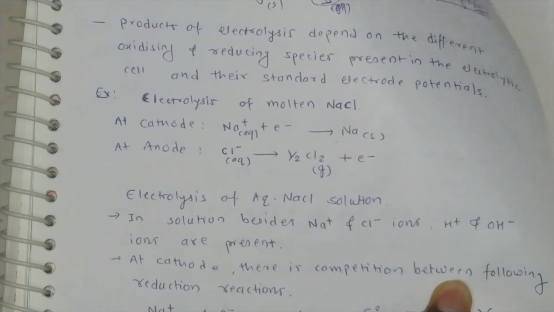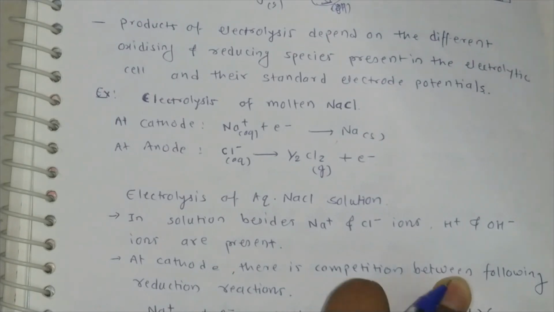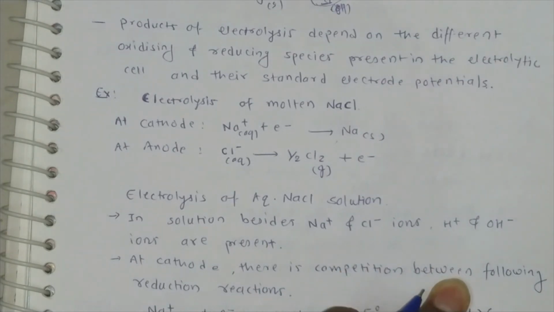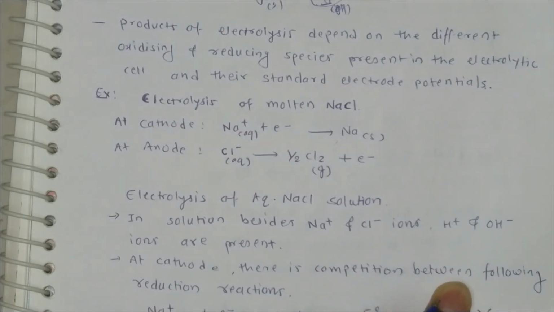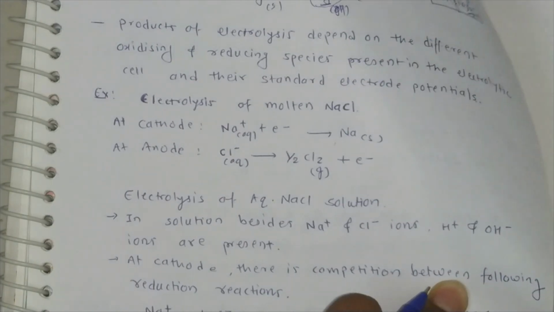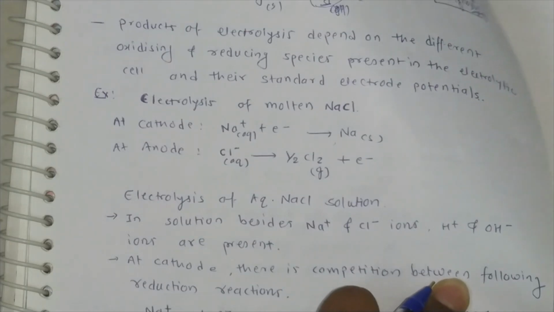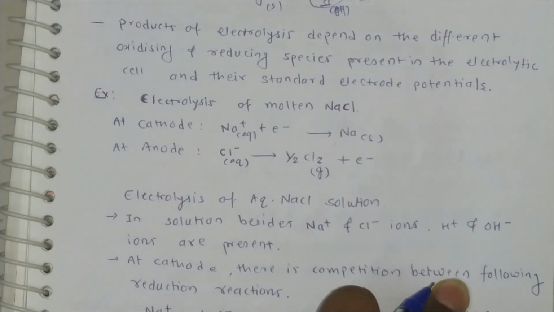What is its standard electrode potential? It means the potential of the half cell or the reaction, either oxidation or reduction. On that potential the product of electrolysis actually depends.